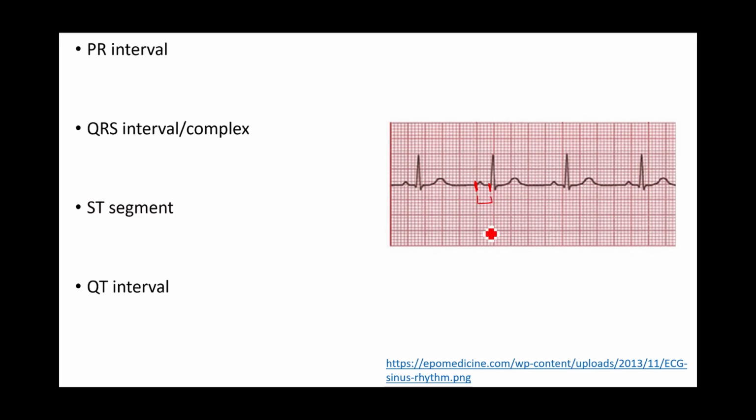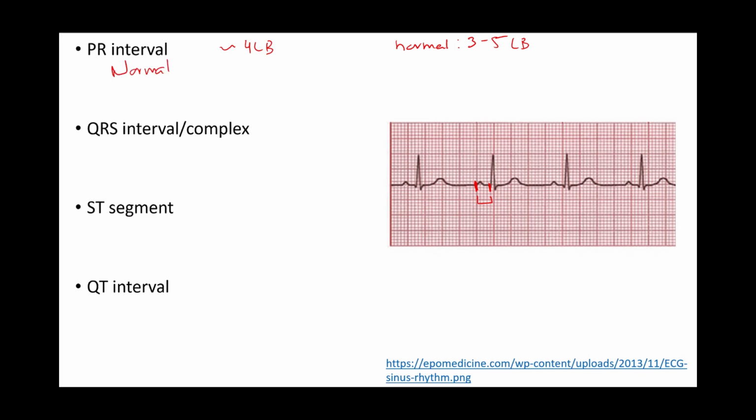And you can see over here, it's approximately about 4 little boxes. And remember that normal is anywhere from 3 to 5 little boxes. So we're within the normal range. So we would say that this EKG strip has a normal PR interval.